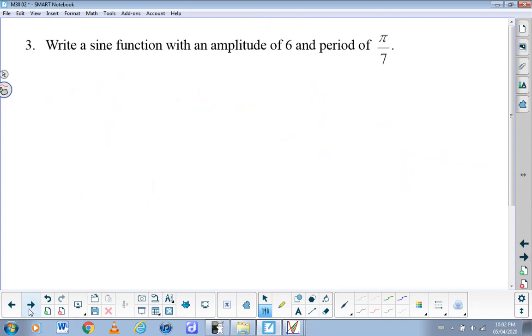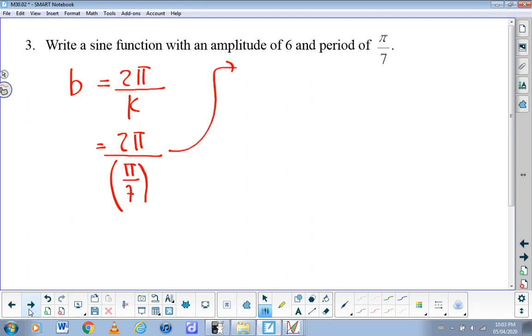Number 3, write a sine function with an amplitude of 6 and a period of pi over 7. Well, let's find out what b is first. It's going to be 2 pi over the period, which will be 2 pi over pi over 7.